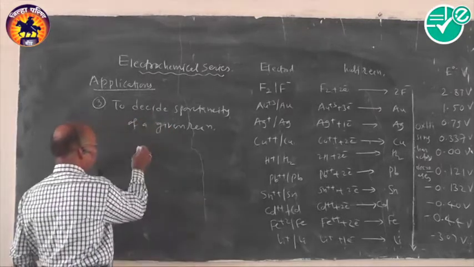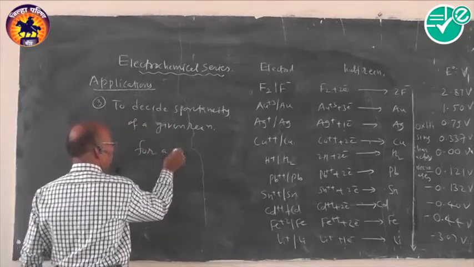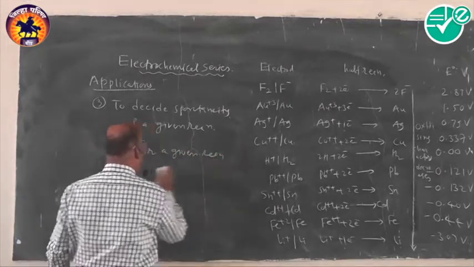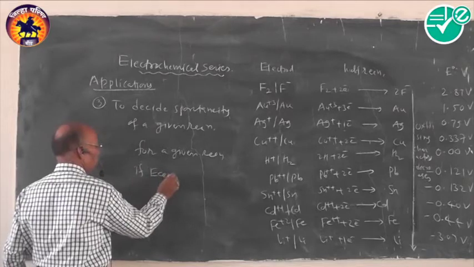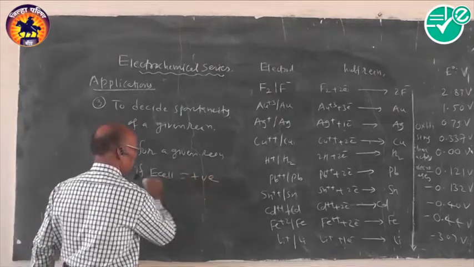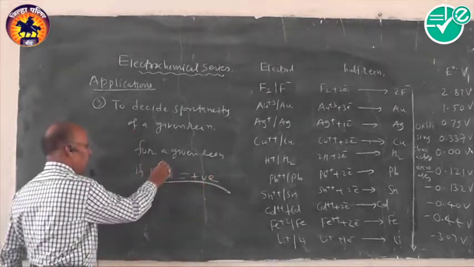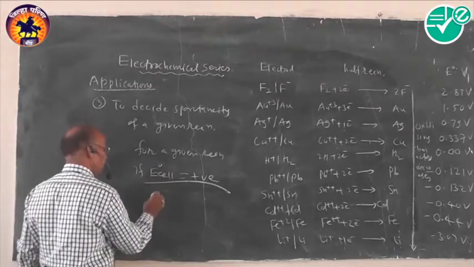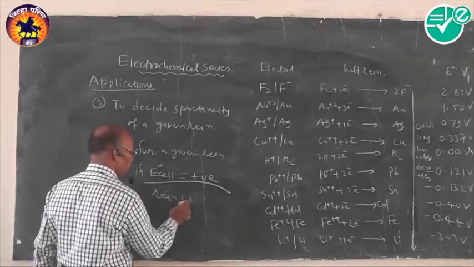We'll have the trick now for a given reaction. For a given reaction, if E cell is positive, if E standard cell is positive, then the given reaction is spontaneous.